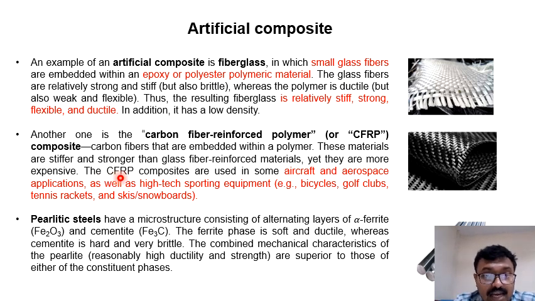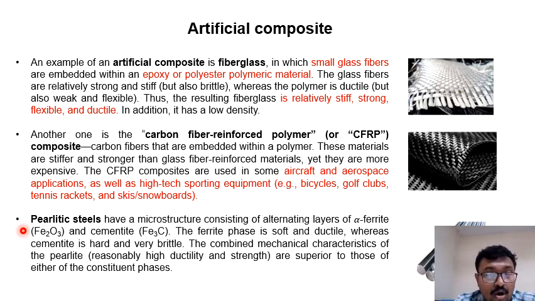CFRP composites are used in some aircraft and aerospace applications as well as high-tech sporting equipment like bicycles, golf clubs, tennis rackets, and snowboards.